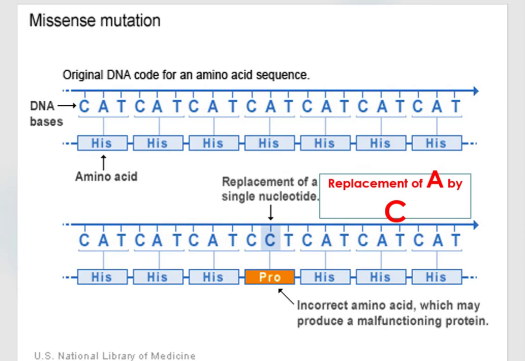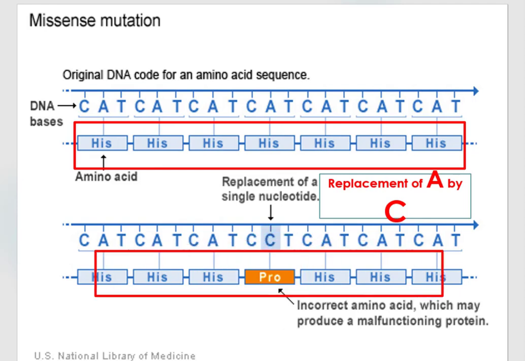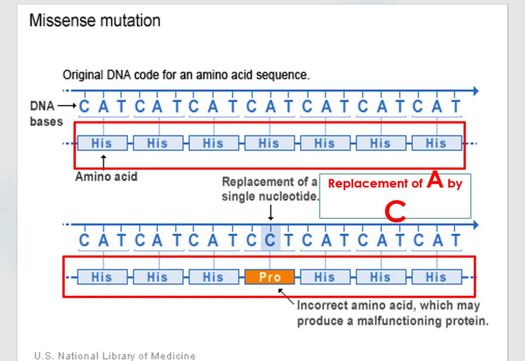As we see from the diagram, A is replaced by C in the nucleotide sequences. All the codes code for histidine in the nucleotide sequences, but when A is replaced by C, this codes for proline, and therefore the amino acid sequences of a protein are changed and results in completely different protein.